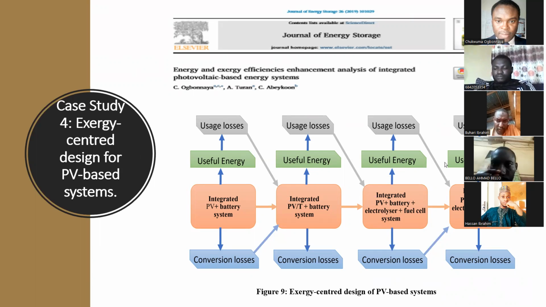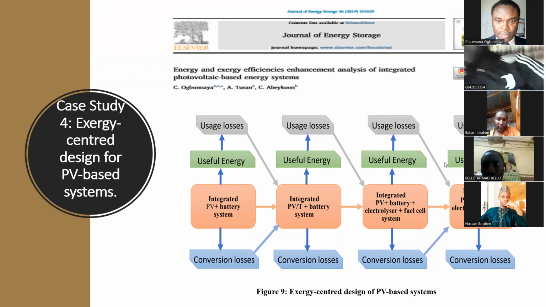We have a PV system, and we know that the PV system is a heat engine that converts solar energy into electrical energy. So from the first law of thermodynamics, we can see that we have fundamentally solar energy being converted into electricity and heat.